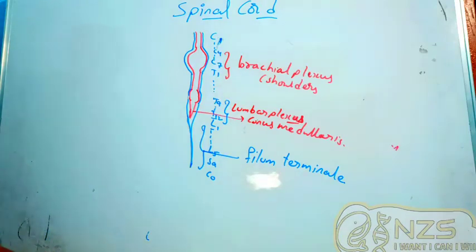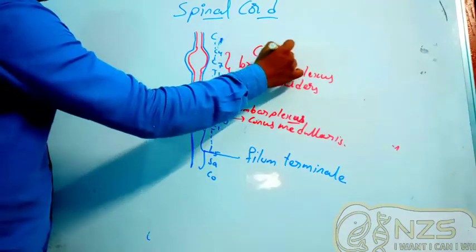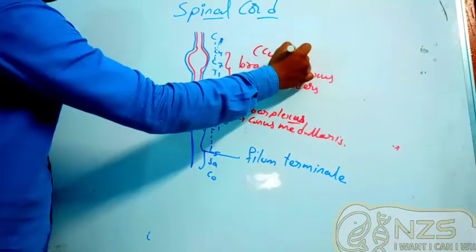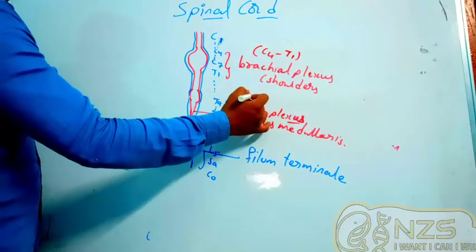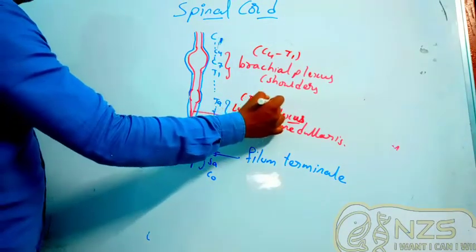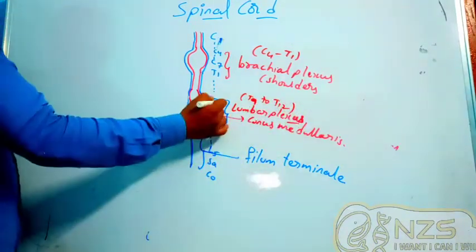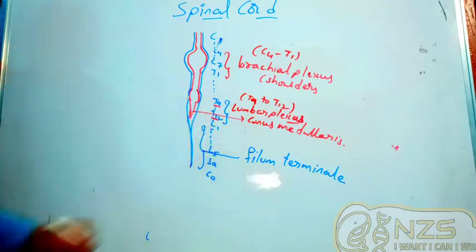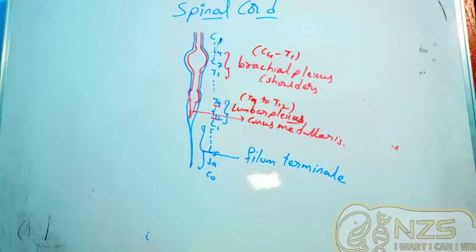Brachial plexus is from C4 to T1, that is fourth cervical to first thoracic, and lumbar is from T9 to T12, that means the thoracic 9th vertebra to the thoracic 12th vertebra.